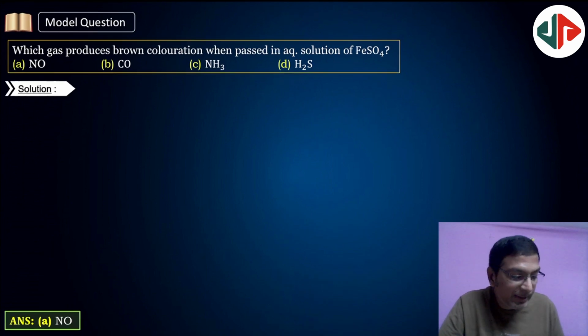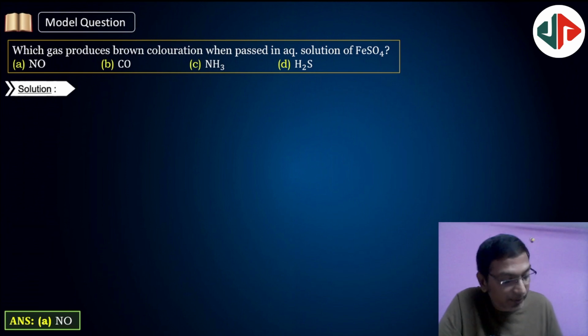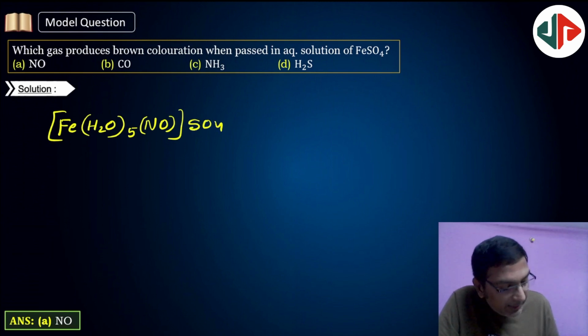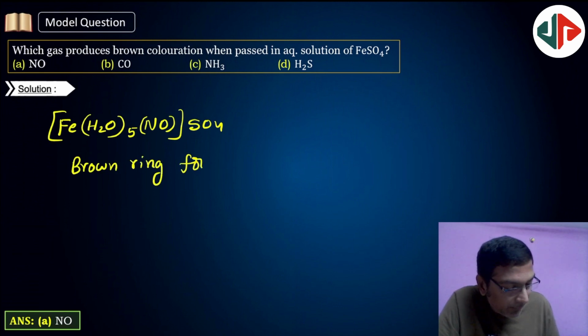So which gas produces brown coloration when passed through aqueous solution of FeSO4? This is famous. So Fe(H2O)5NO SO4 will be formed. Brown ring formation.